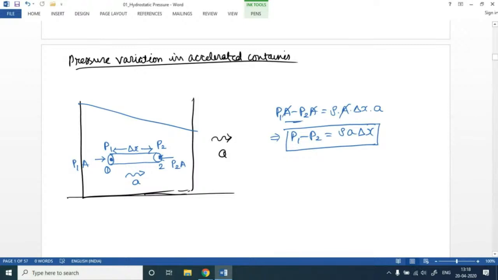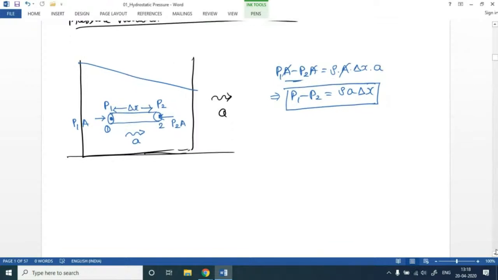So what we can figure out is that the pressure decreases in the direction of acceleration. In other words, we can use the concept of g effective we have learned. At any element, g is acting in the vertically downward direction, and any element of liquid will also experience a pseudo force.